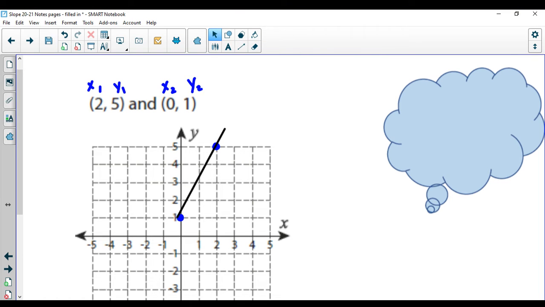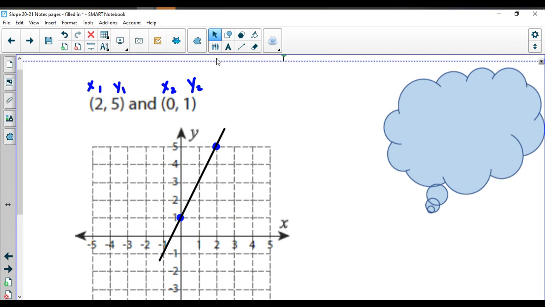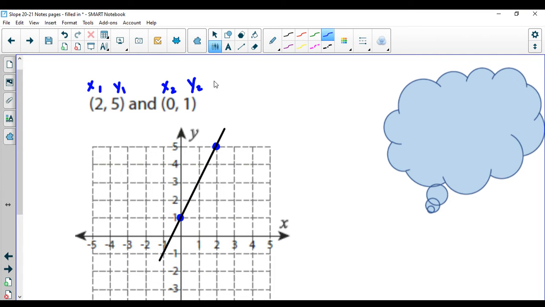When I look at that line, we would be able to count the rise over the run, but like we said before, we're not always going to be able to do that and not always going to want to do that. So when we talk about our slope here, we are going to find the difference in the y's, and we're going to start with y2 minus y1. So I'm going to do 1 minus 5. And then for the x's, I'm going to do that on the bottom. I'm going to do 0 minus 2.